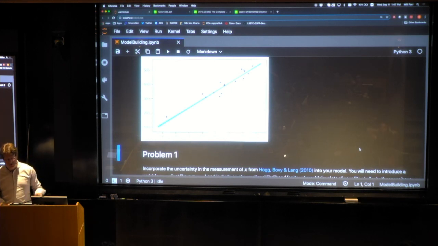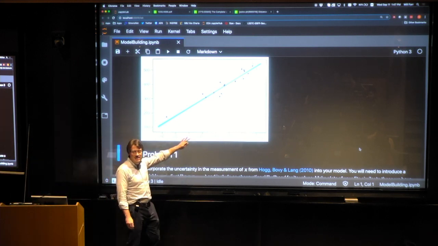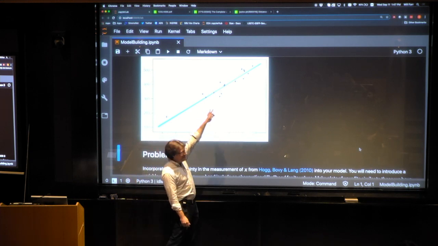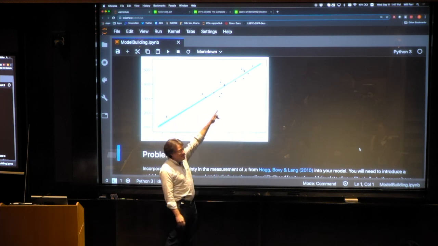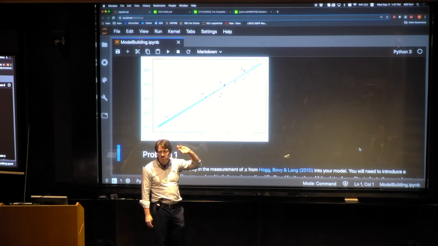But I guess, how do you tell when you need to go out and search for another model? That's where this is more art than science. Every such instance that I know of starts from some comparison like this in data space. Those black dots are real data. This line is the prediction for the real data, and we're comparing them.